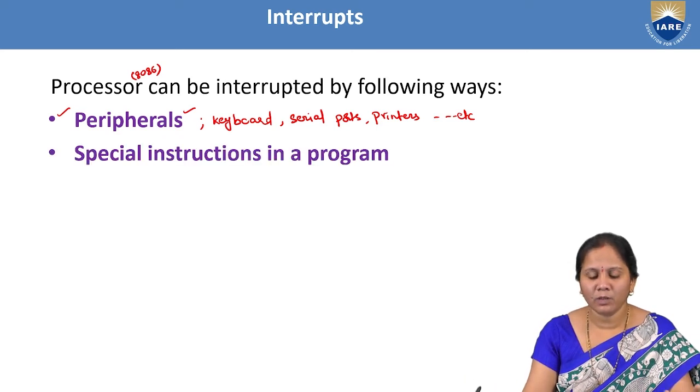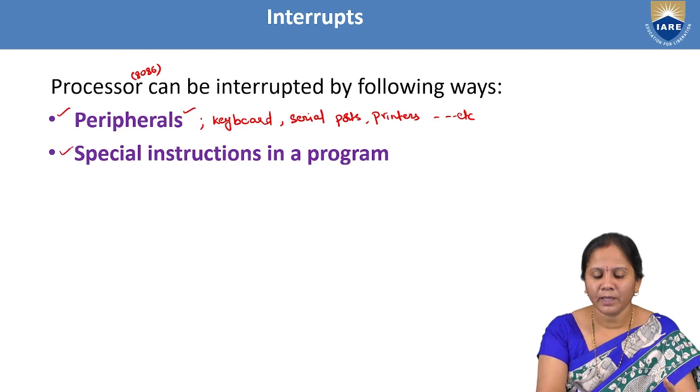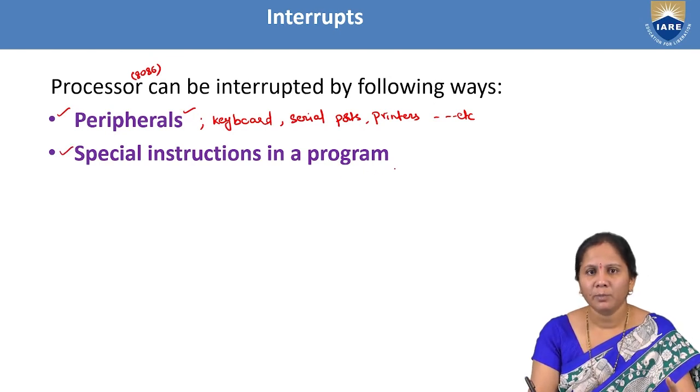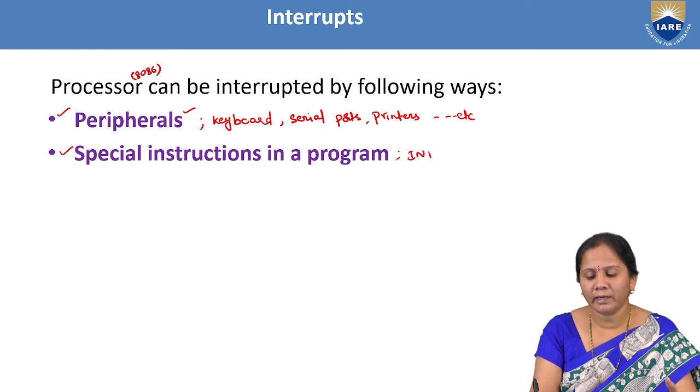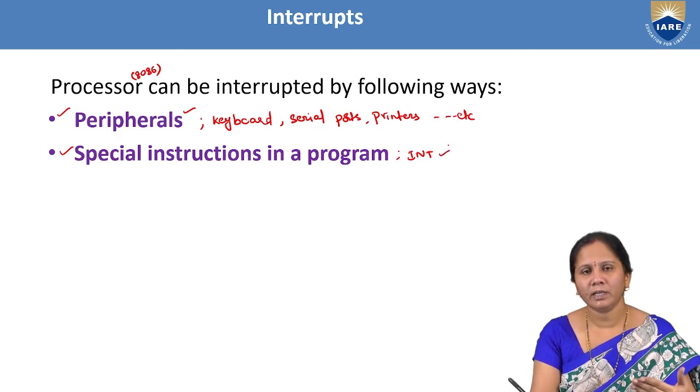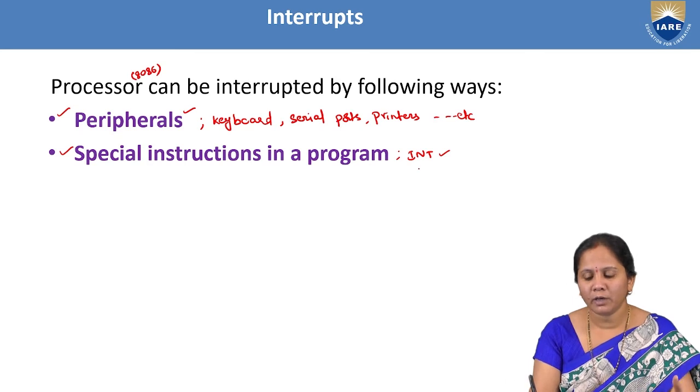Interrupts may also happen because of special instructions in the program. For example, the special instruction INT, interrupt. If we use this INT instruction while writing an assembly language program, and it is executed by the 8086 microprocessor, then the interrupt is generated by a special instruction in the program.